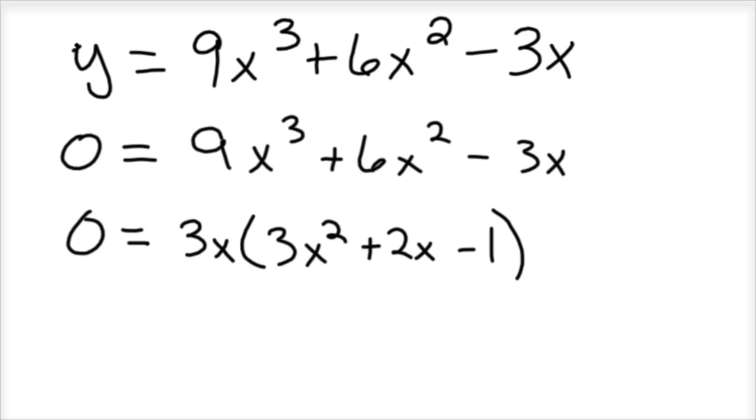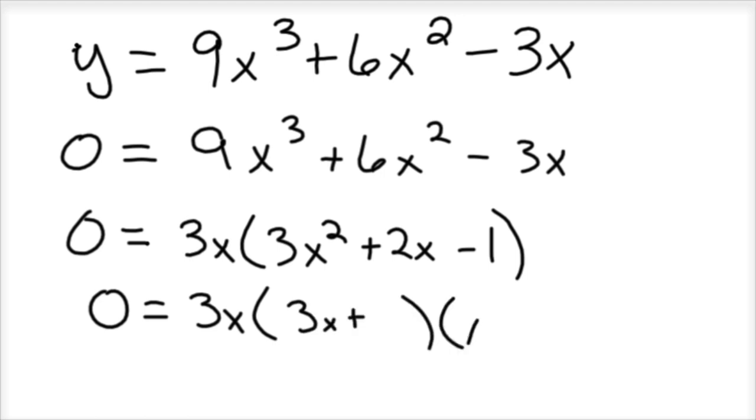Sometimes that minus 1 is tricky for people, and that's okay. But that's how that factors. So then 3x is good. This 3x squared plus 2x minus 1 factors to plus minus. In the front, you'd have 3x and x. And in the back, you have 1 and 1, and it's plus minus.